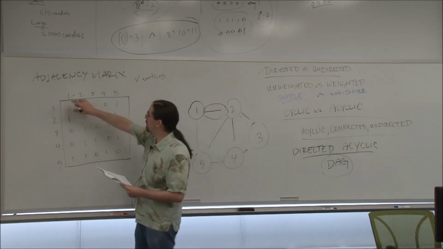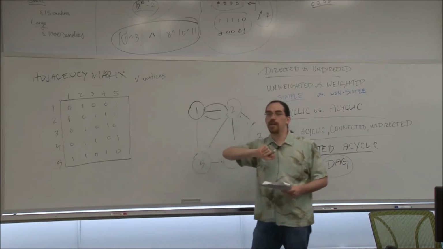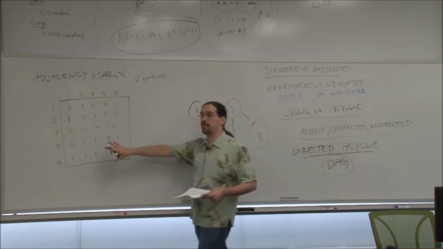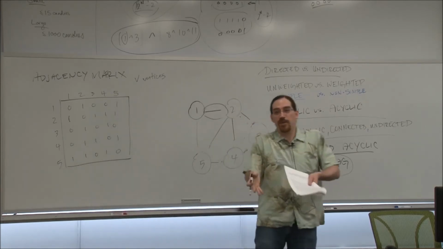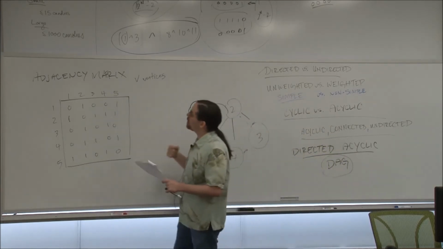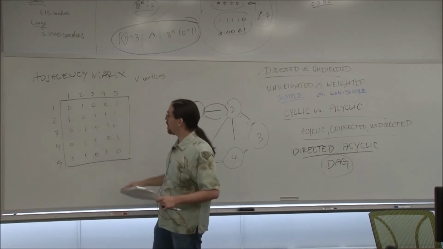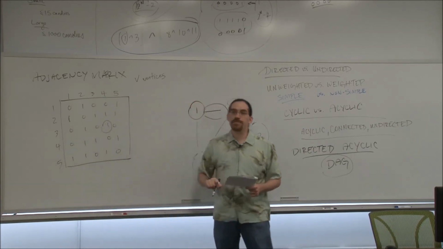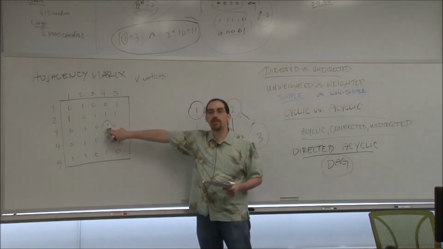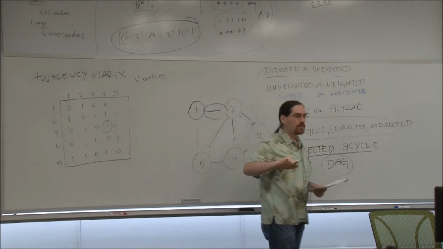Anytime you see a 1, you can say, there's an edge between those guys. And this has a couple of advantages. First of all, it's really fast to see whether any two particular vertices are connected, because if you want to know if 4 has a connection to 3, it's a simple lookup to grab it. You can say, yes, that's a 1, there's an edge there.